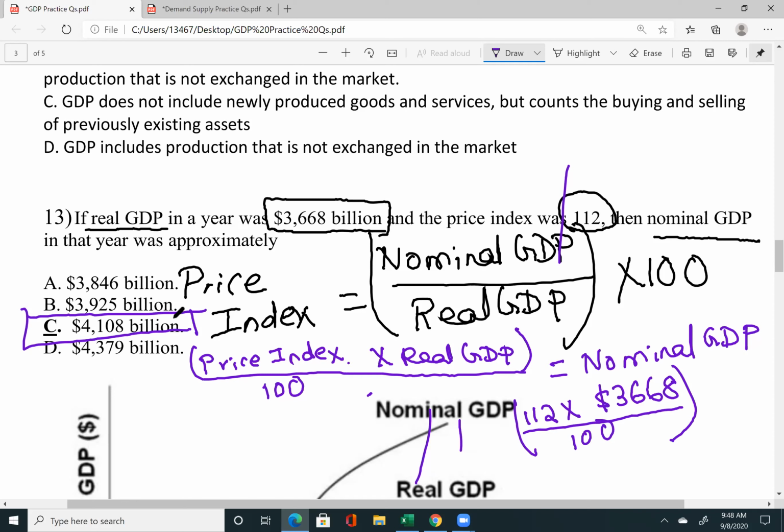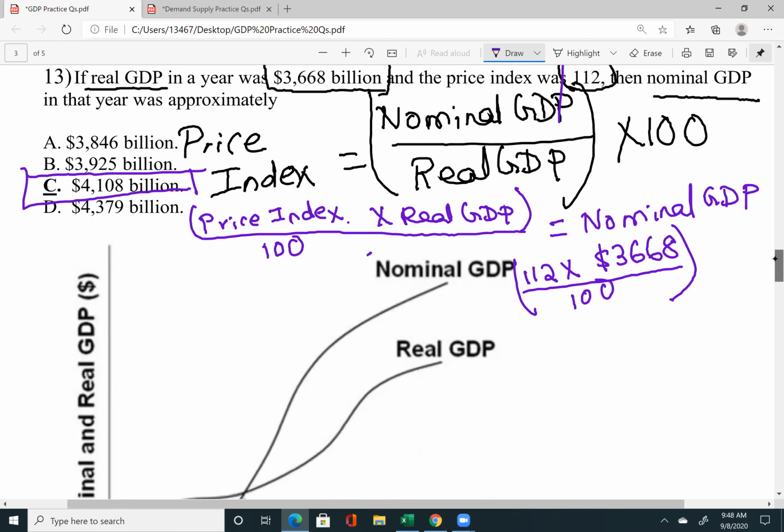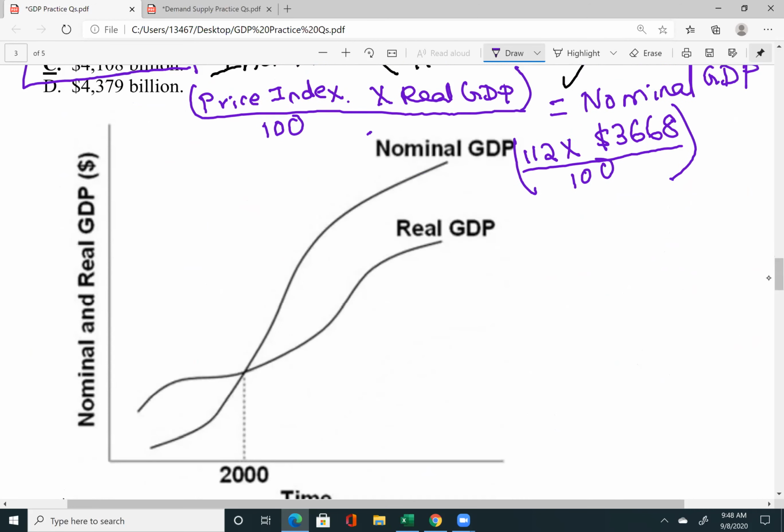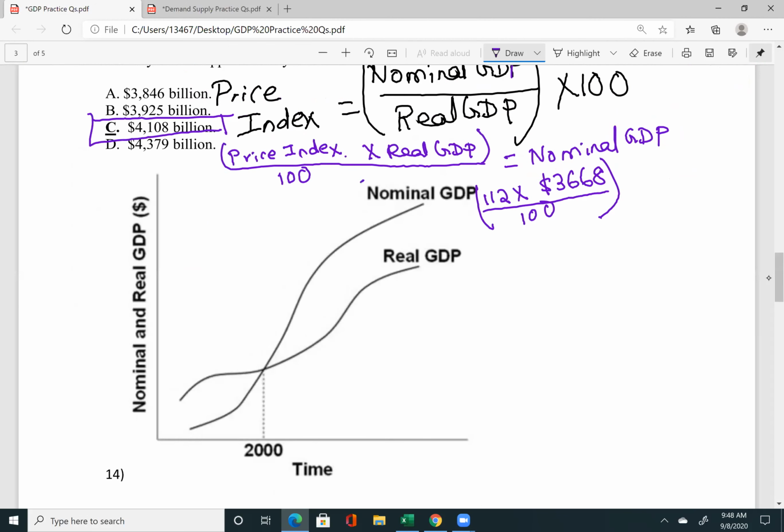These are just plugging in the formulas and doing the problem. You'd see the formula in your PowerPoint and also the YouTube link.